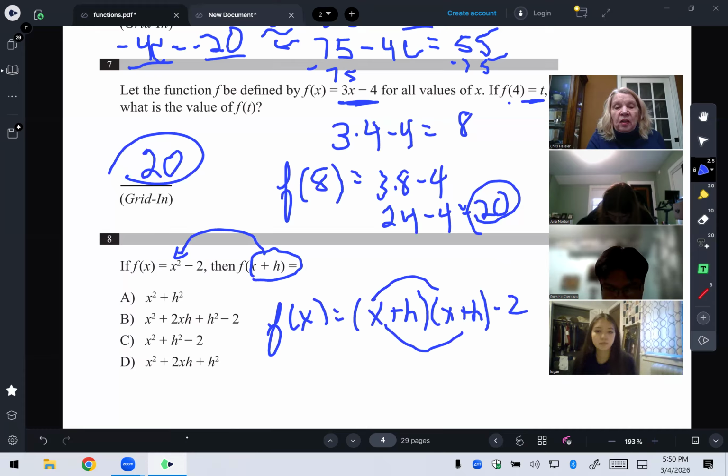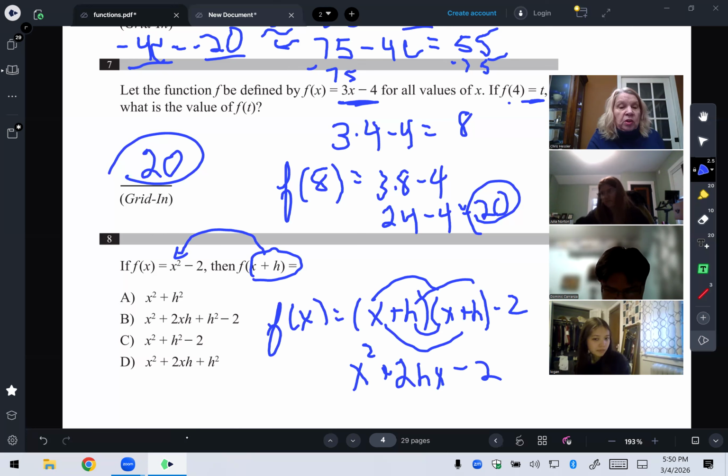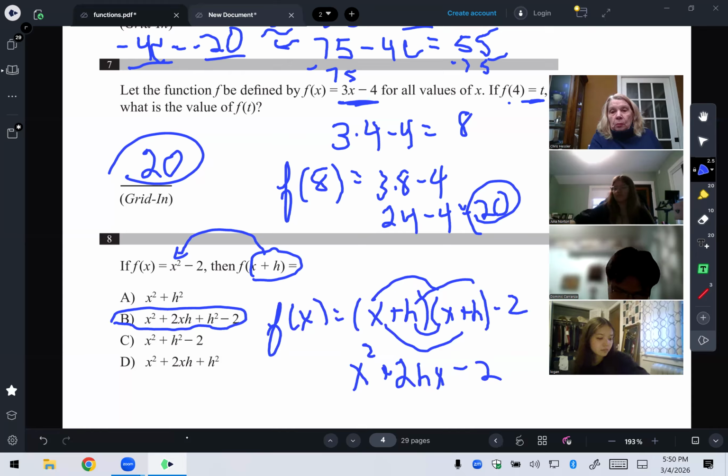We have to FOIL this, so that'll be x squared plus 2hx minus 2, which looks like b. So that makes sense to everybody? You lost your h squared somewhere. Oh, sorry, yeah, I didn't put the h squared in. Thanks, Jim.